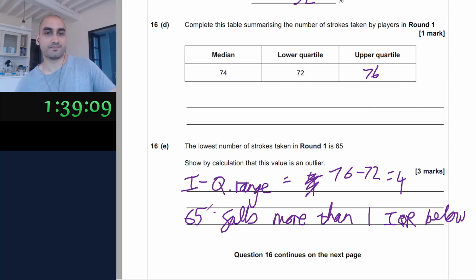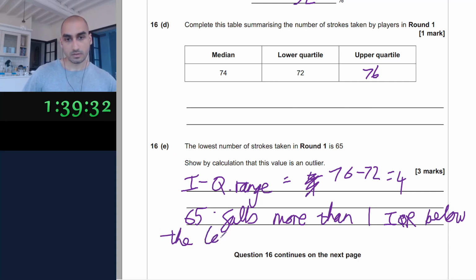Do we care about how low it is below the quartile or the median? Below the lower quartile. Why don't we just talk about both?